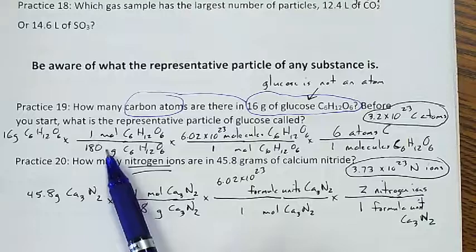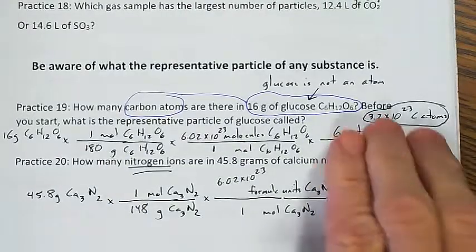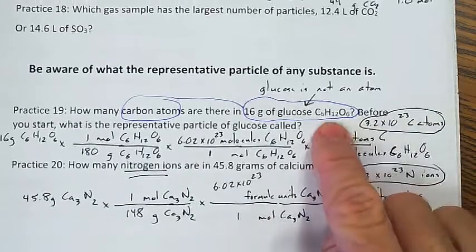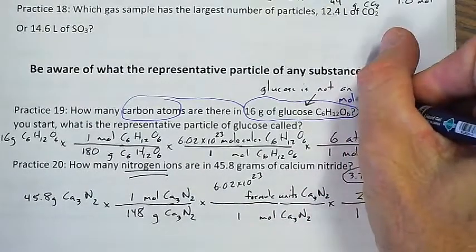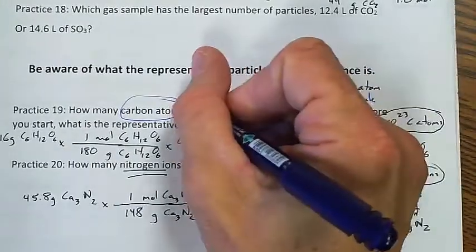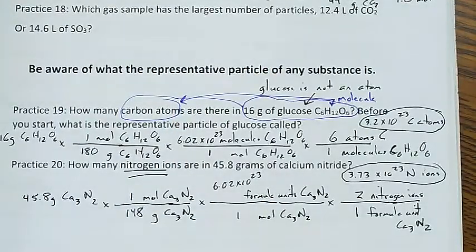We multiply by the number of molecules of glucose, but we didn't answer the question because they want to know how many individual carbon atoms there are. So if what you start with, this is a molecule, does not match up with what they're asking for, you have to do another step. They want to know how many individual carbons are in that molecule.